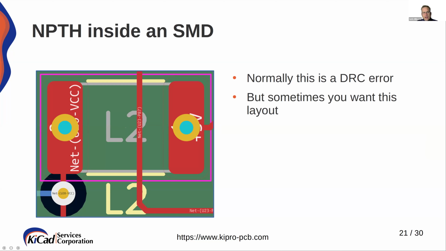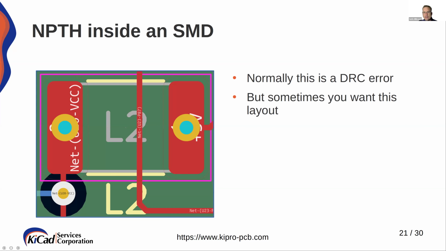Another example, non-plated holes inside surface mount devices. This is usually a DRC error because you don't normally want to put a non-plated hole inside a surface mount device. However, in some conditions, you might want this crazy layout.